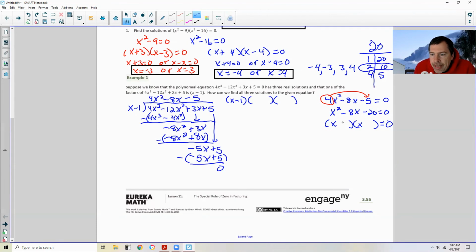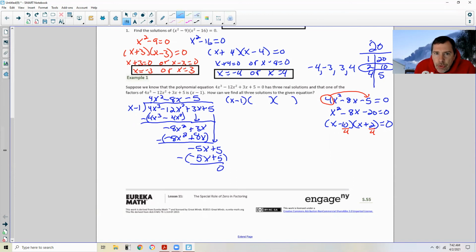So I'm going to have minus 10 and plus 2. I needed different signs to get a negative c, and I needed b to be negative, so the bigger number had to be the negative. Got it? Negative 10 plus 2 is negative 8. Negative 10 times 2 is negative 20. Okay, but be careful, you are not done. We multiplied by 4. We now need to divide by 4.